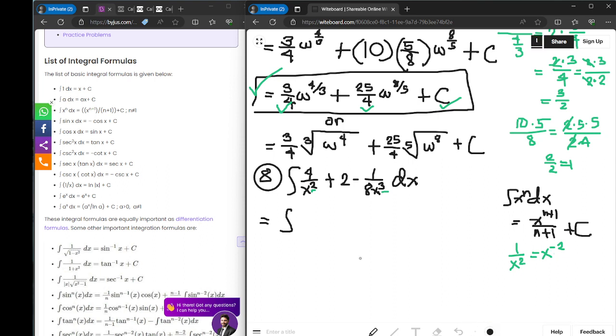And that means we can rewrite this as 4 times x to the negative 2 plus 2 minus 1 over 8 x to the negative 3.